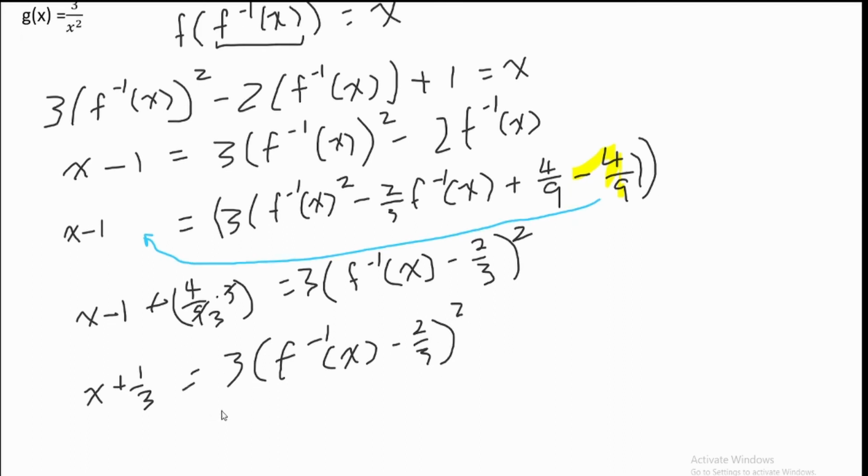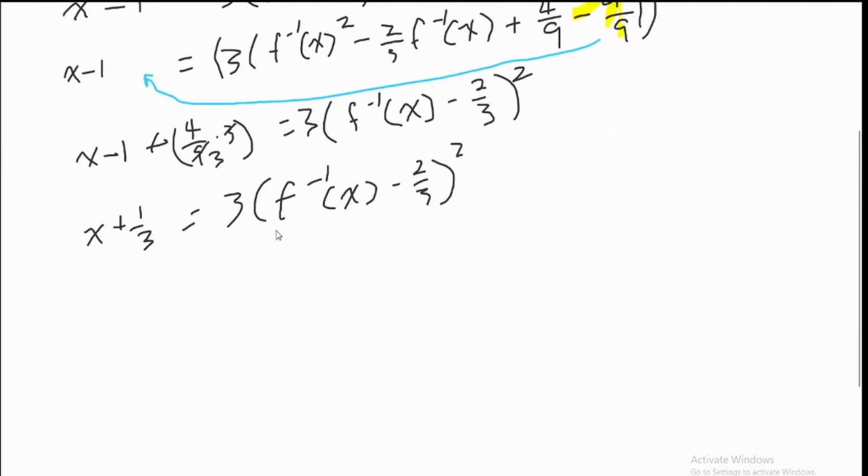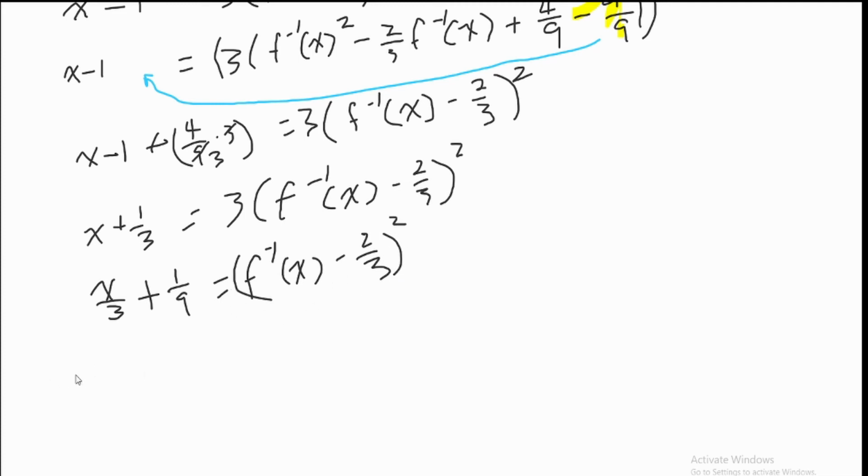All right. Then in the end, we can solve for f of negative x. So we divide both sides by 3, x over 3 plus 1 over 9 equals this thing, minus 2/3, all that squared. Take the square root of it.